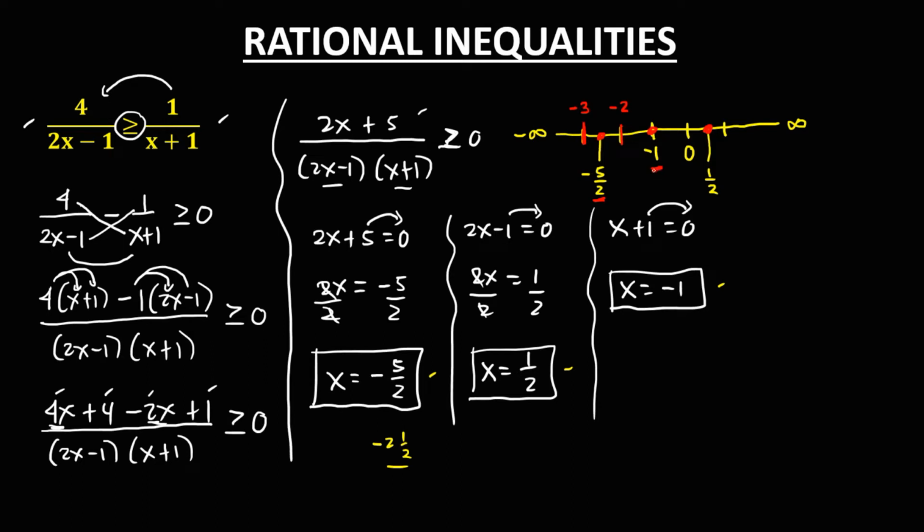And also between these two critical values, this number, that's 0. Then the last one, the after. After the last critical value, this number, that's 1. So these are the numbers we need to test.